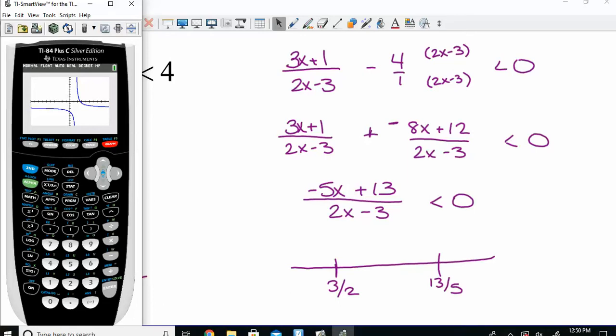What would my signs be? Starts out below the axis, which is negative, then above, which is positive, and then below, which is negative.